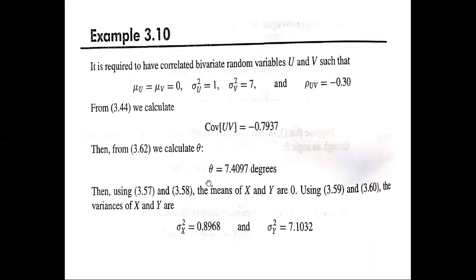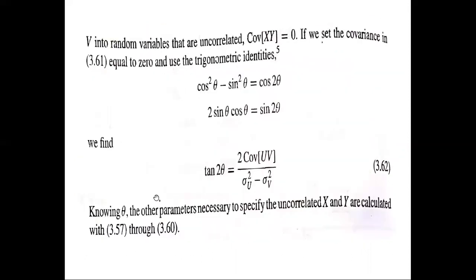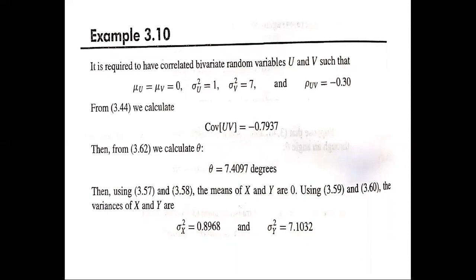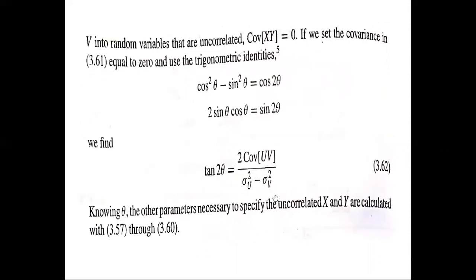Then having found theta, we can use 3.57, 3.58, 3.59 and 3.60. These four formulas we should use to find mu x, mu y, sigma x squared, sigma y squared. Using 3.57 and 3.58, we know that mu u and mu v both are zeros.